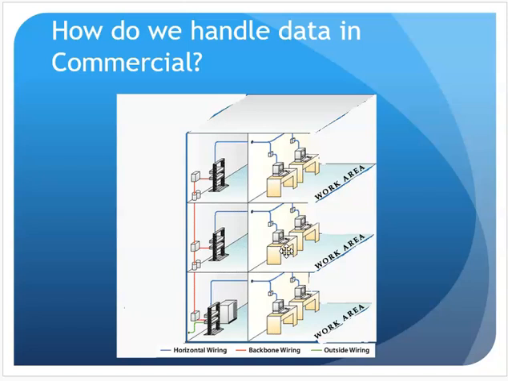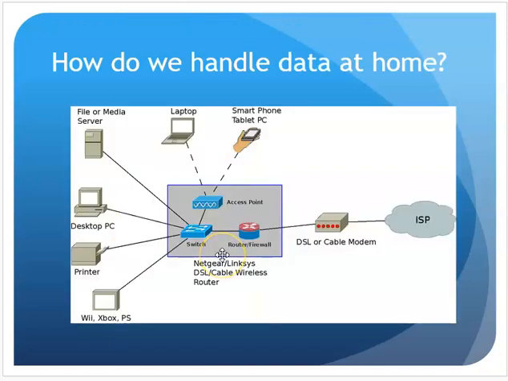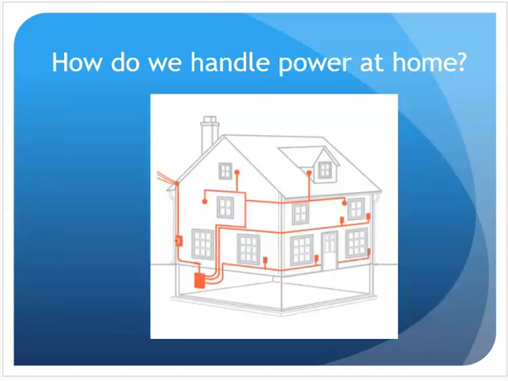Our 2 CNT lab rooms at the Harrisburg campus, between them we have 50 computers. So we have 50 computers, 50 data drops that we have to worry about. Well, I can't use the infrastructure like you use at home, with patch cables running across the floor and plugged into a switch. That doesn't work. So I have to use a structure that's more like how I deal with power in my house.